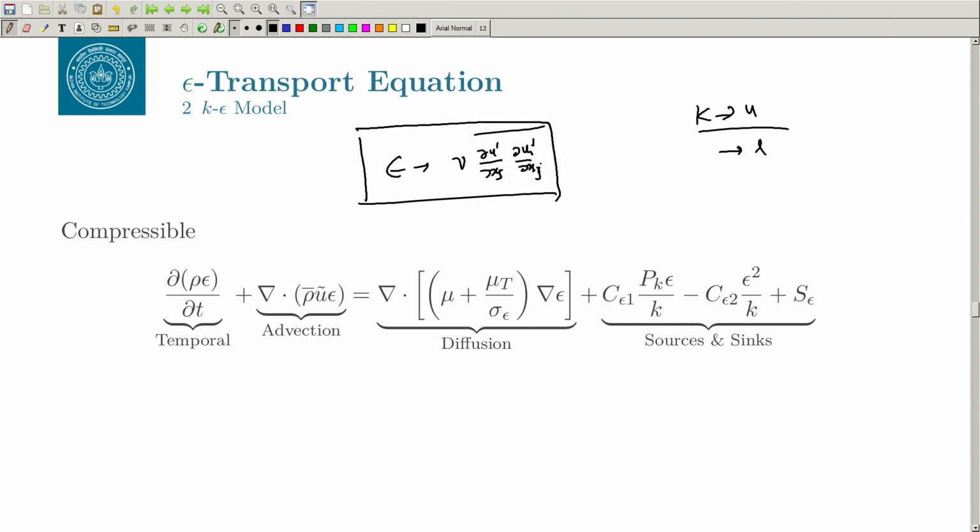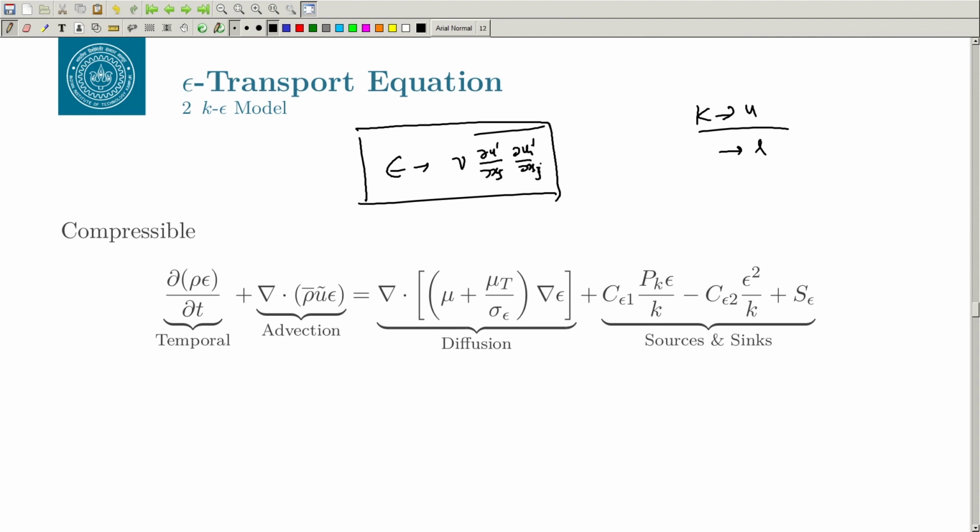We want to find an equation for this. Unfortunately, you cannot derive this equation from first principles. You have to use some kind of argument, following what we have seen in the turbulence kinetic energy: the temporal term, the advection term, the diffusion term, and the source and sink terms.